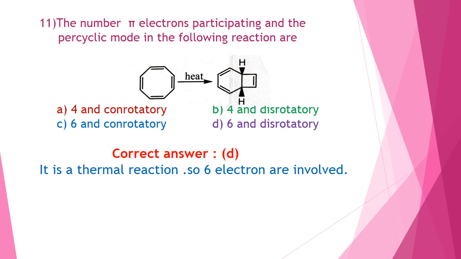We already told if it is a thermal reaction, 6 electrons are involved. Therefore, options A and B are incorrect. Now you consider C and D. Already we have discussed that option D, 6 and disrotatory, is correct. Therefore, it is a thermal reaction, 6 electrons are involved and it is a disrotatory reaction. The correct answer is D.